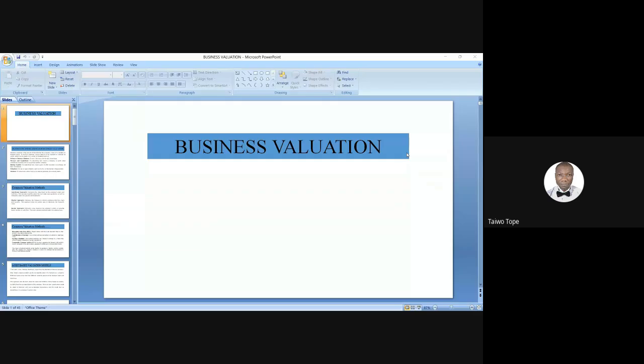So there are quite a number of reasons why we value a business. One of them is when we look at the issue of estate and tax purposes.